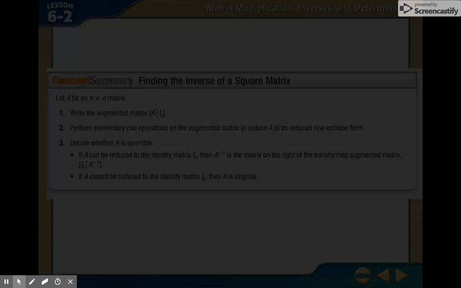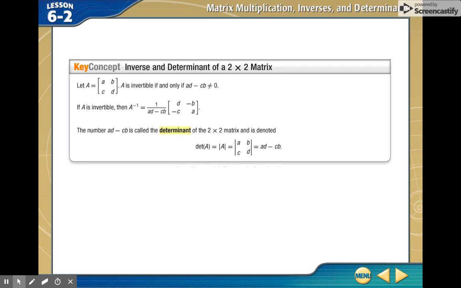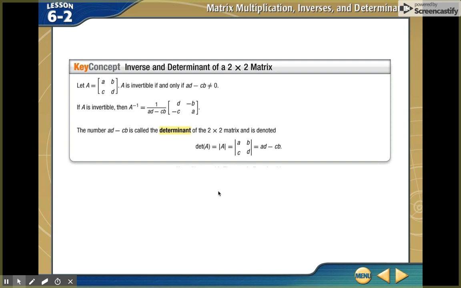And so what we're going to do is look at something called the determinant. If I have a 2x2 matrix, such as A, B, C, D, I want to know if this value of AD minus CB, so if I look at my diagonals, AD and CB, and I subtract them, is not equal to 0, then I'm going to have an inverse available.